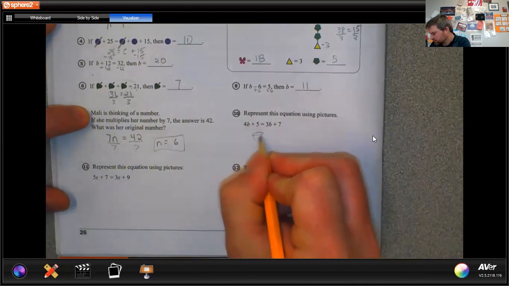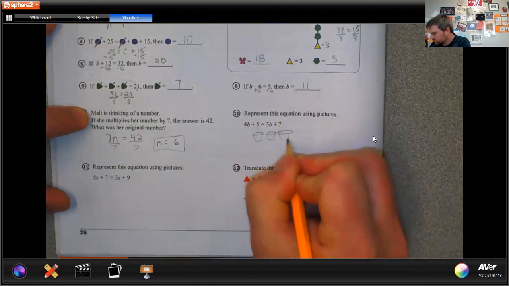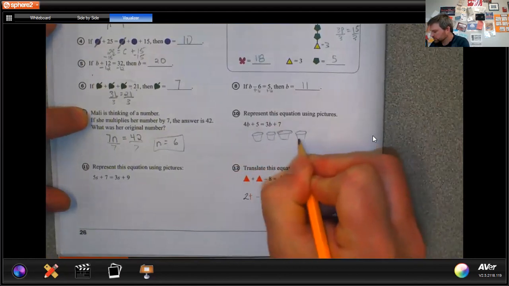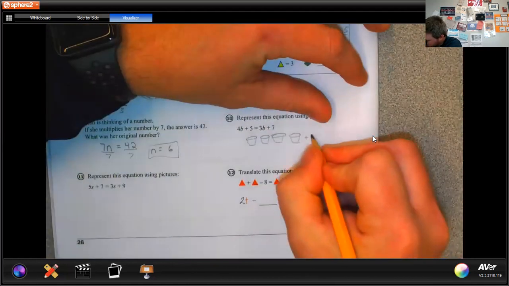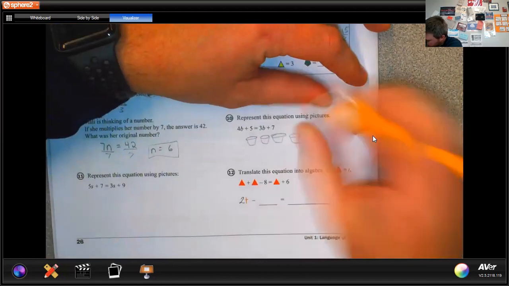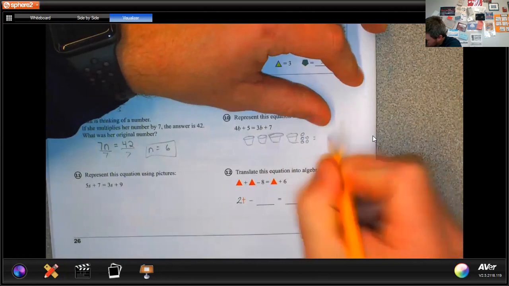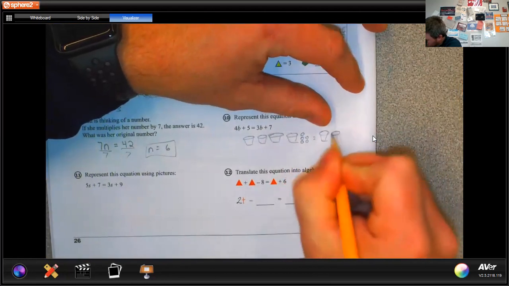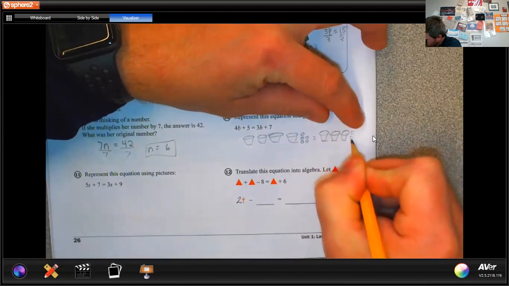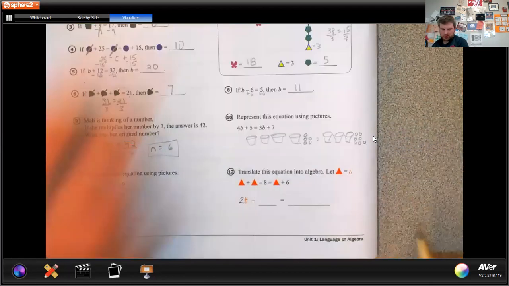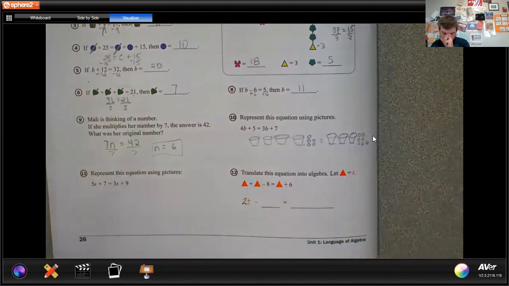So 4 buckets, 1, 2, 3, 4, plus 5 marbles, or we could just draw the marbles. 1, 2, 3, 4, 5 equals 3 buckets and 7. 2, 3, 4, 5, 6, 7. That's just one way we could write that. You could draw a mobile if you wanted. Okay.